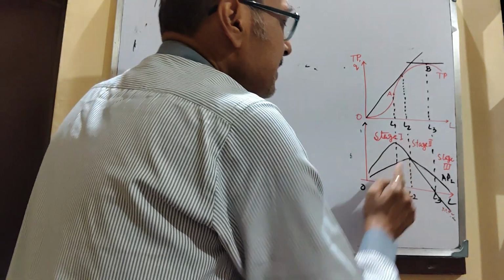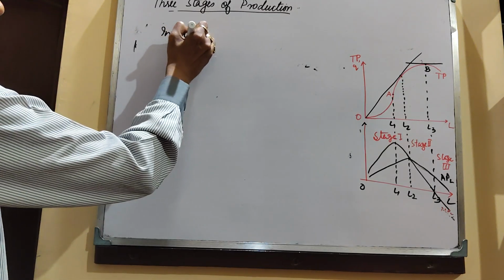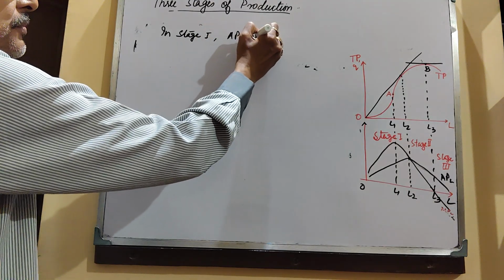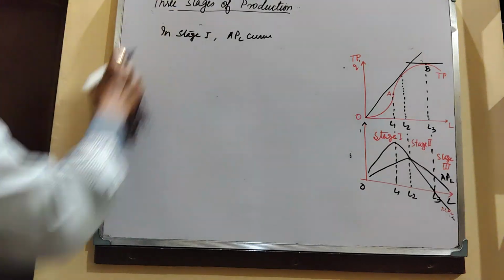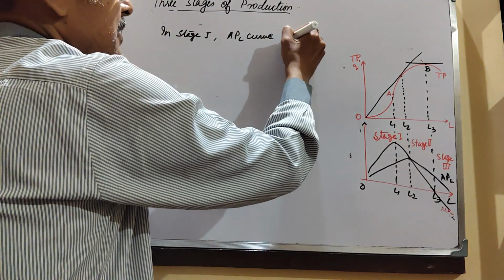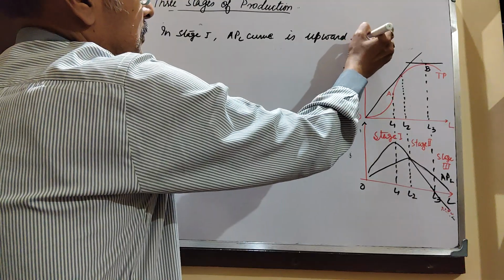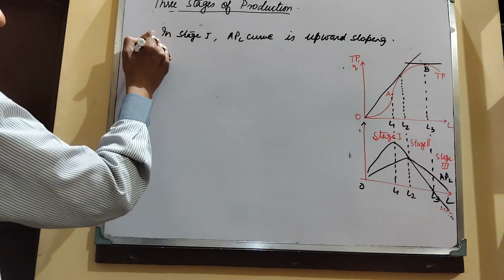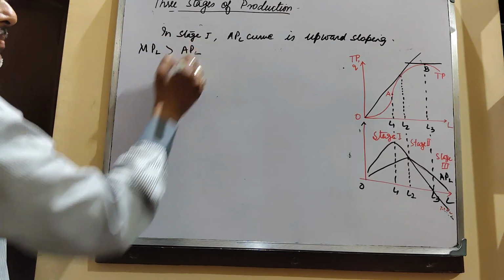Now in stage 1, the APL curve is upward sloping. MPL is greater than APL.